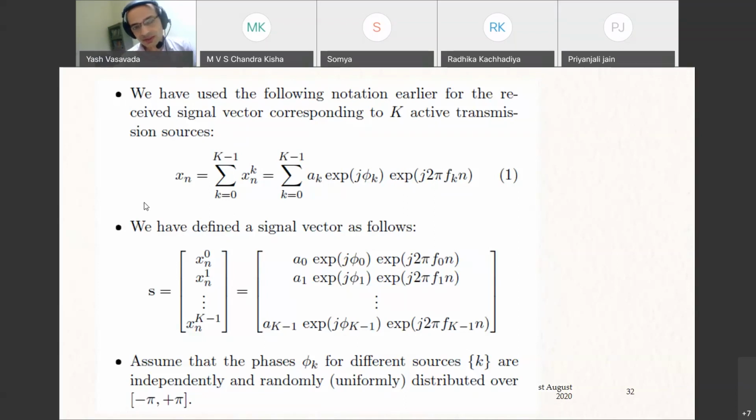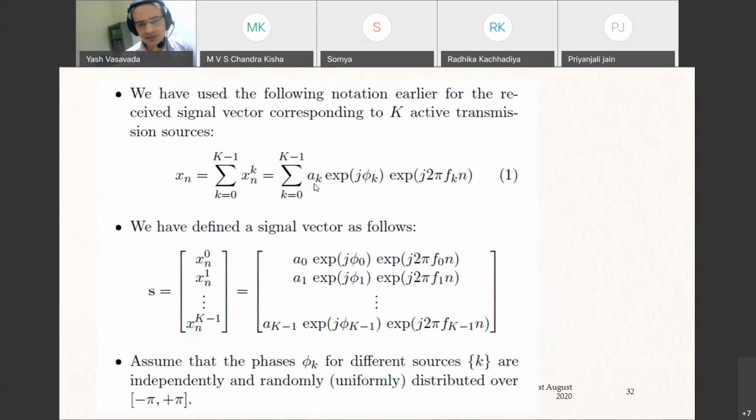They may not all be subscribed to the same system. They may have different subscription services, but the point is that over a particular spectrum or frequency range that we are considering, there are a total of capital K different simultaneously active transmitters that we are denoting by x n of k. Remember, n is our time index, and small k denotes the index of the transmitter.